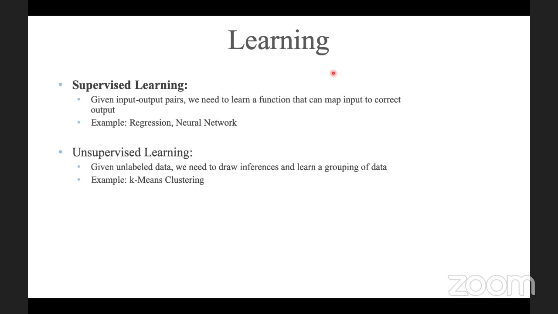In supervised learning, you are given data from which you want to learn a function. In unsupervised learning, you are given unlabeled data and you need to find some pattern in it.